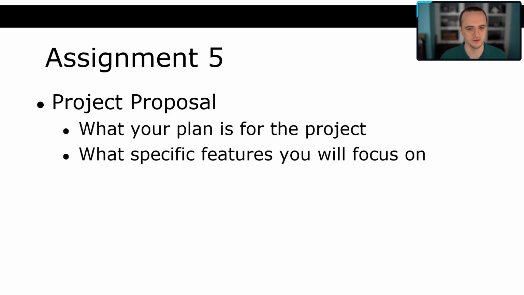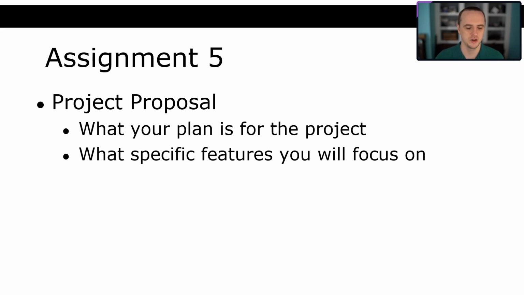So Assignment 5 is going to be first a project. There are two parts to Assignment 5, and it's going to have two due dates. It's going to be split up on D2L into project proposal and Assignment 5. But essentially, it's two things for the price of one. So the first thing is this project proposal.